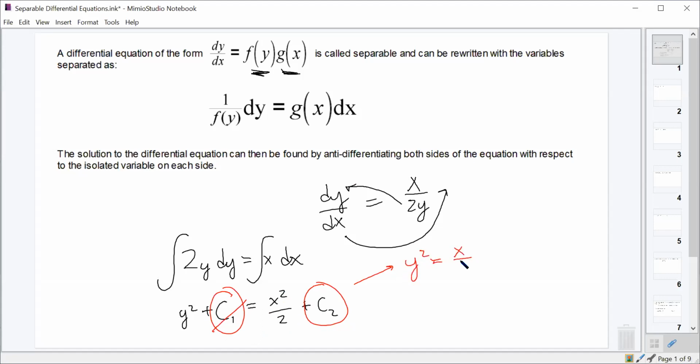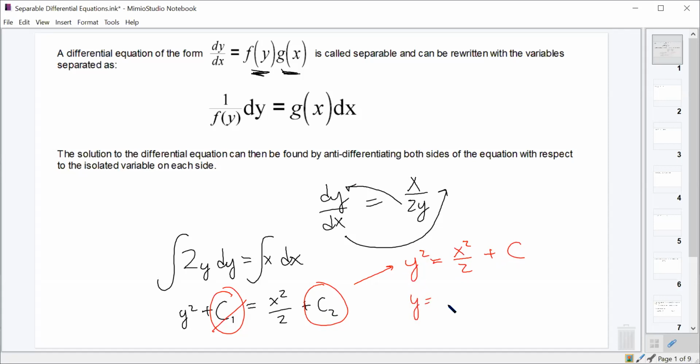Yeah. So traditionally, when we do these separable differential equations and end up with a constant on both sides, rather than writing constant 1 and constant 2, we'll just pick a side and put the constant on it. Generally, we put it on the side with the x, our independent variable, but it doesn't really matter. And so what would we get if we were to square root this?